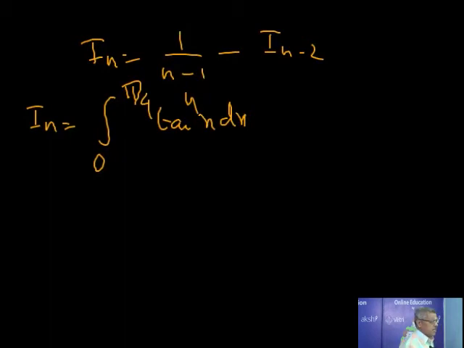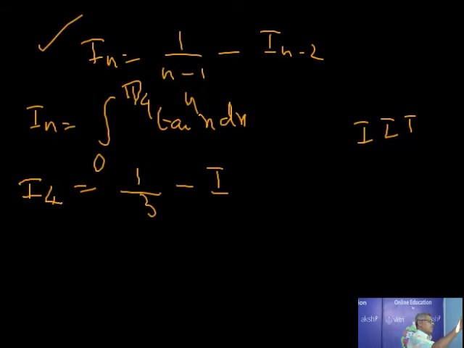Now usually in competitive examinations, such as IIT, they will ask, find the value of I4. According to the reduction formula, by replacing n by 4, I4 is 1 by 3 minus I2, that is 1 by (4 minus 1) minus I(4 minus 2).